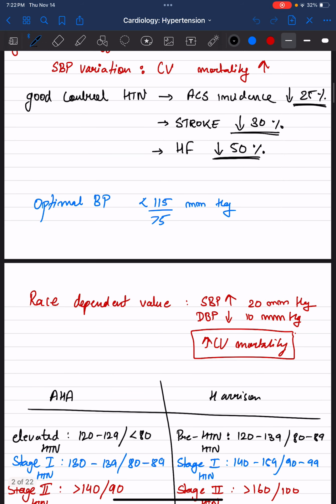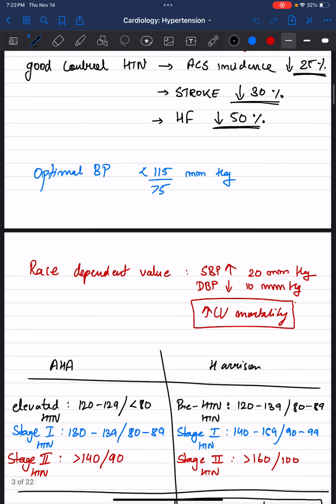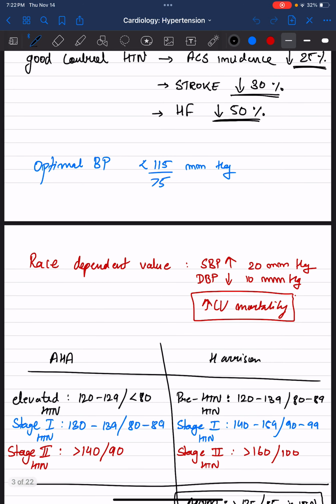The optimal blood pressure range is said to be less than 115 by 75 millimeters of mercury. But as I said, the BP depends on race also.